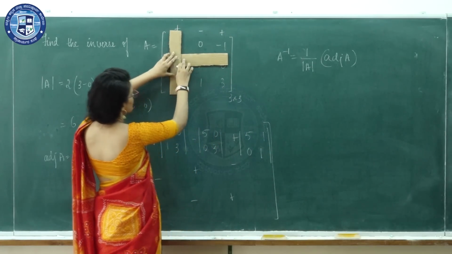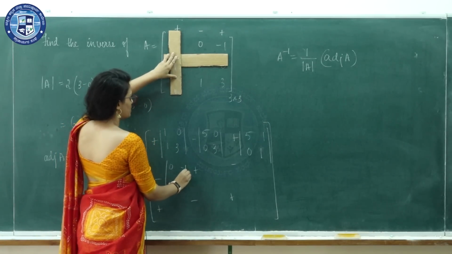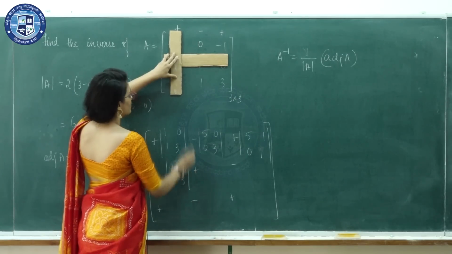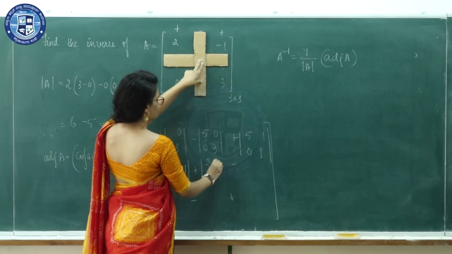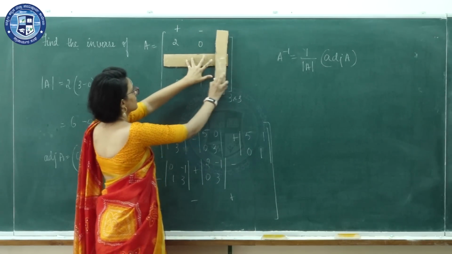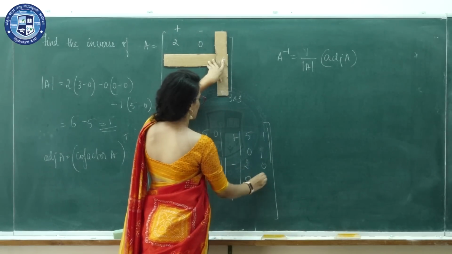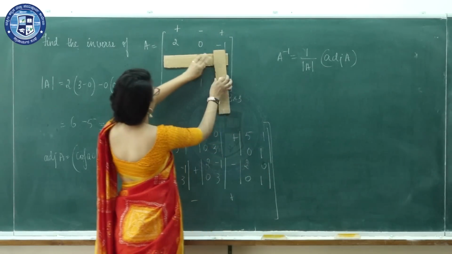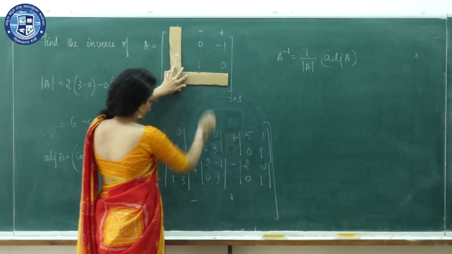Next, let us delete the second row and the first column. We get 0 minus 1 1 3, for the next term 2 minus 1 0 3, next term 2 0 0 1. The last row, let us cover the last row, first column.